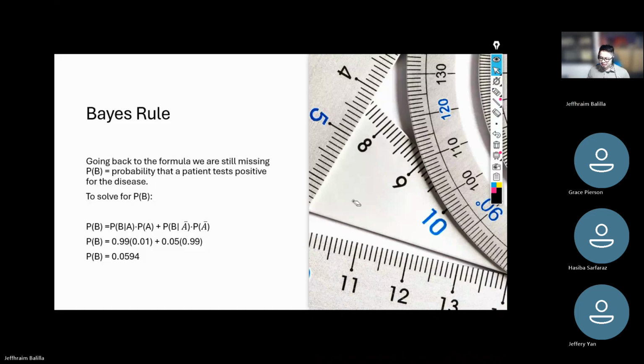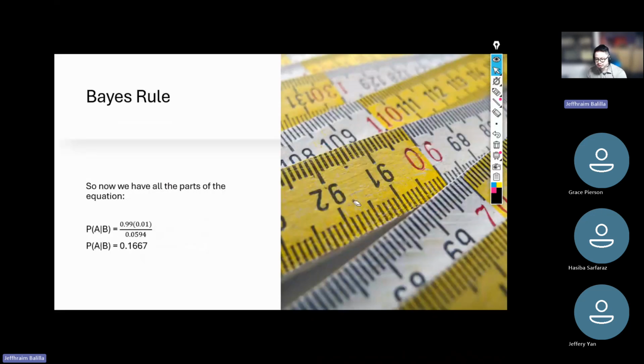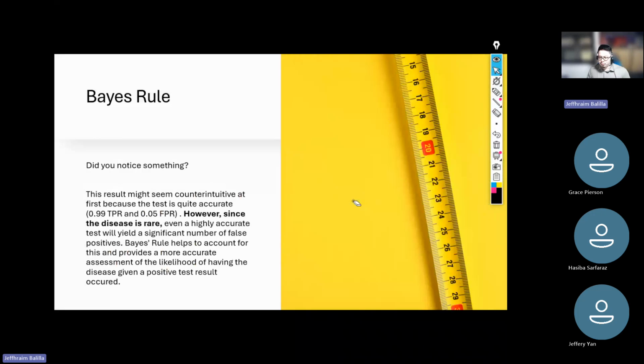Since it's not rare, the prior probability would not be that much affected if we consider that 60% would be the probability that you'll be identified as positive for ADHD, given that you actually have ADHD. So that's why Bayes' rule is important. It gives us a way to update our prior knowledge about the odds and the likelihood given new sets of information that are coming in.